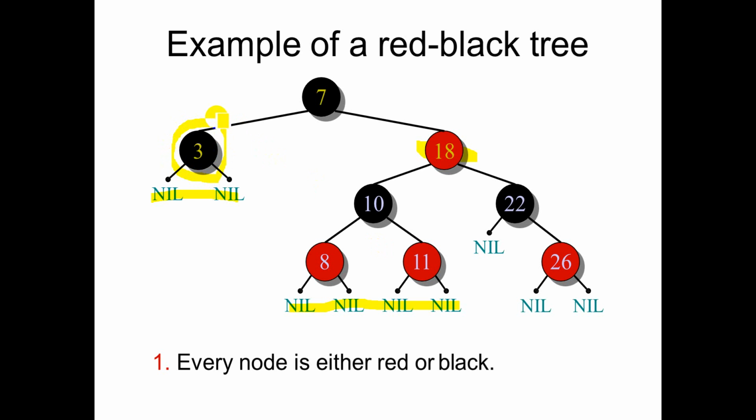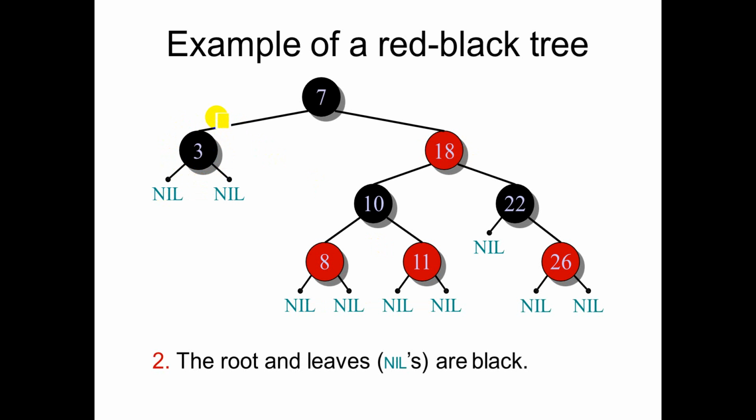Let us move to the next property now. Property 2: the root and leaves are black. You can see the root is black and the nil is black, which I told in the last slide also.